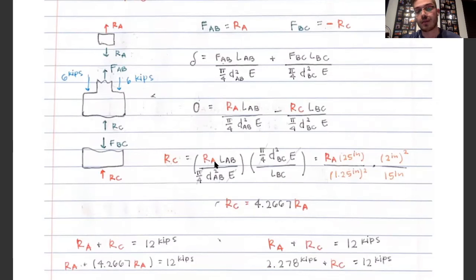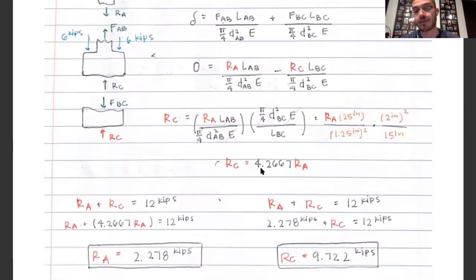equal to the reaction force of A times the length of AB divided by pi over 4 times the diameter of AB squared times the E constant, times pi over 4 times the diameter of portion BC squared times the E constant over the length of BC, which can be simplified down to the reaction force of C equals the reaction force of A times the length of AB, which is 25 inches, over the diameter of AB, which is 1.25 inches squared, times the diameter of portion BC squared, 2 inches squared, divided by the length of BC, which is in this case 15 inches.